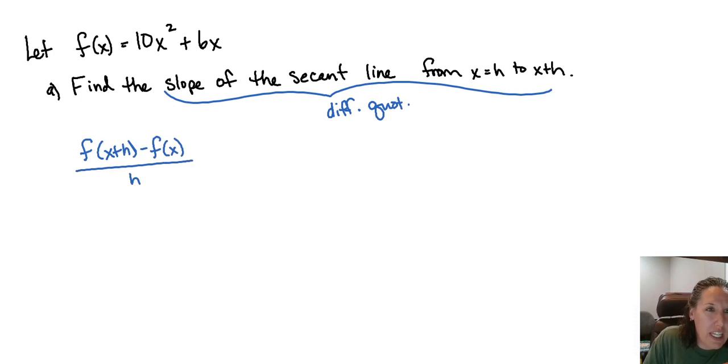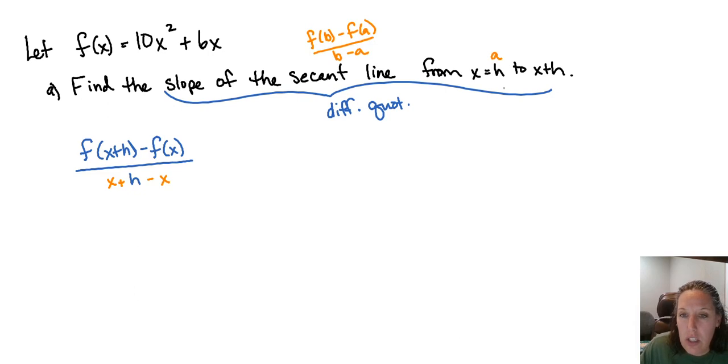Because what we actually see in that denominator is we're going to get x plus h minus x, plugging in just the normal secant line average rate of change formula, that is f of b minus f of a over b minus a, where our a here is x and our b is x plus h. Oh, I did that wrong. This should be from x to x plus h.